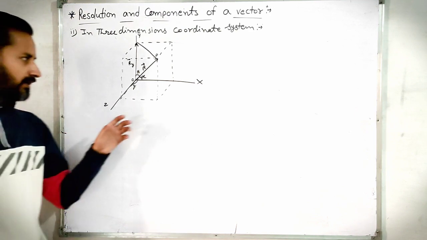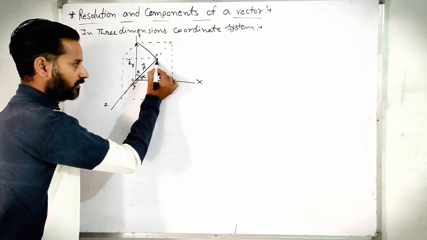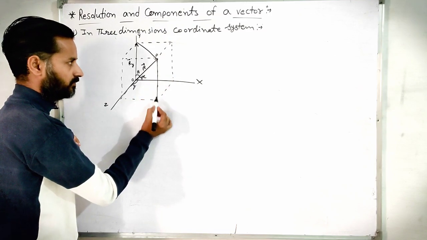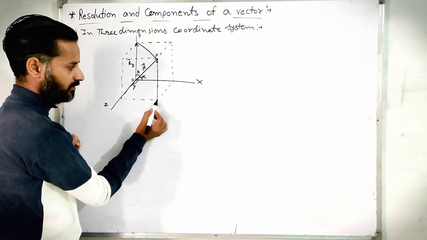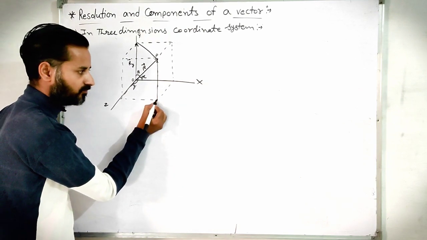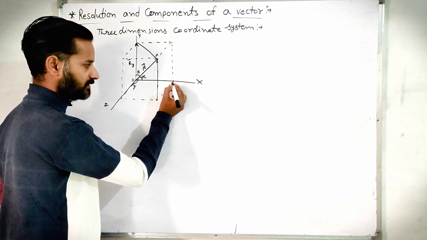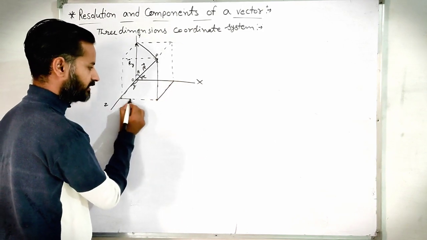And for getting the x component and z component, we drop a perpendicular here, and this will be in the plane of xz. And again from this point we drop perpendiculars on the x-axis and z-axis.